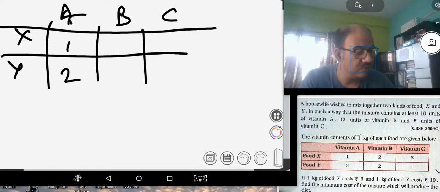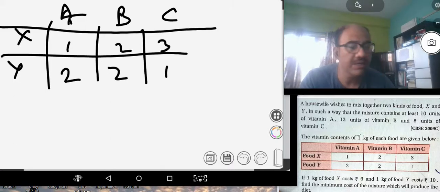Similarly for vitamin B and vitamin C, it is 2, 2 and 3, 1, and 1 kg of each of the food are given below.